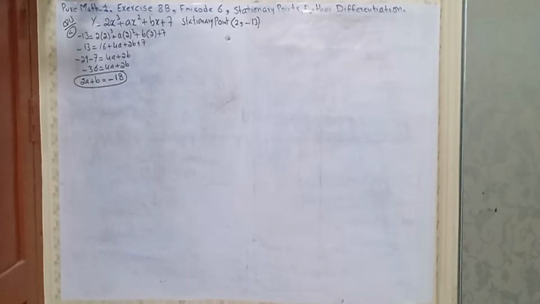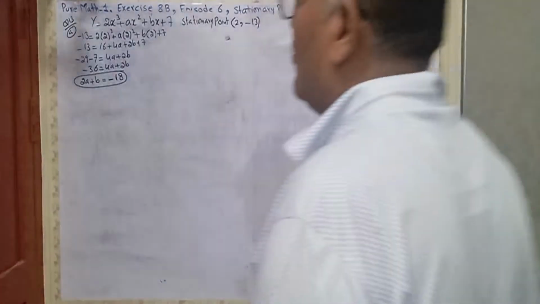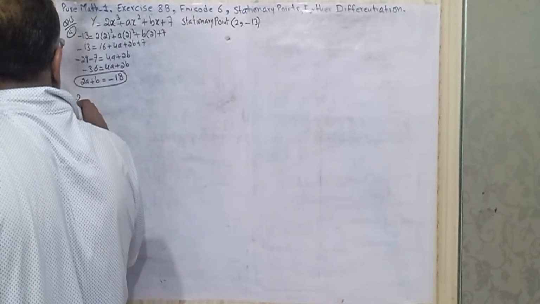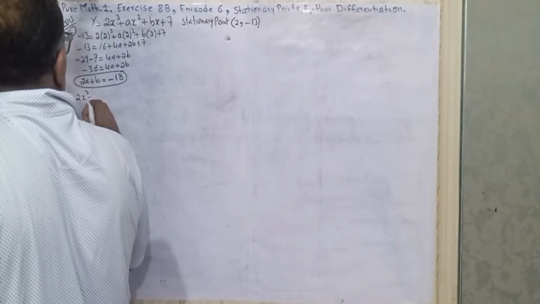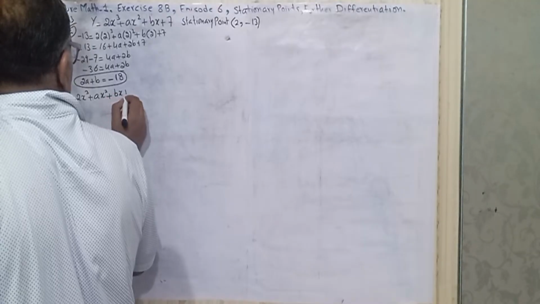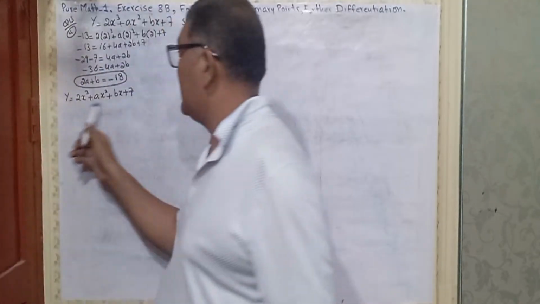Now, because we know that at (2, -13) we have the stationary point, we have to differentiate first. So y equals 2x cubed plus ax squared plus bx plus 7 is my equation.